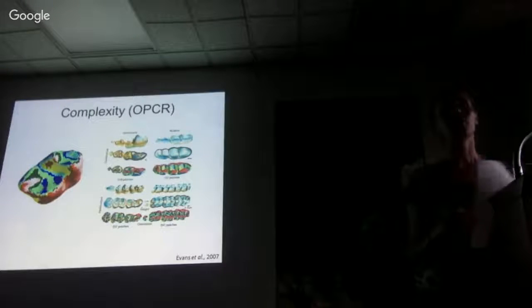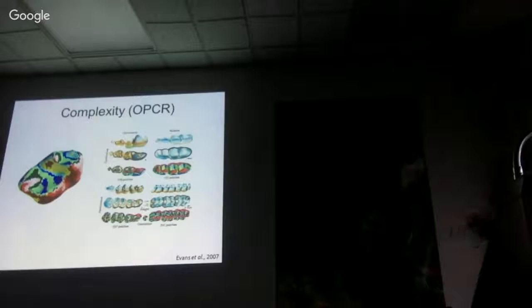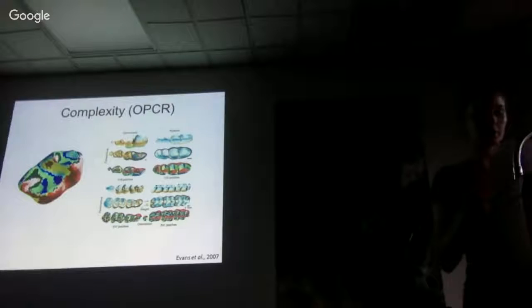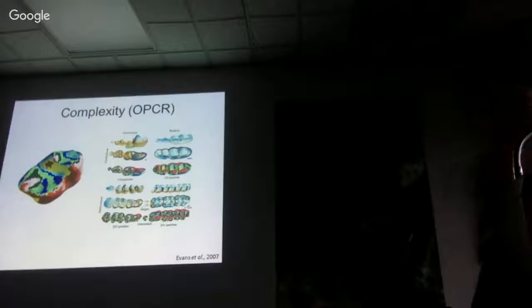It is calculated as the total number of patches on a tooth. A patch is a section of the crown that faces in 1 out of 8 directions. And the complexity measurement, OPCR, simply sums the number of separate patches. The bumpier and crestier a surface is, the higher the complexity.